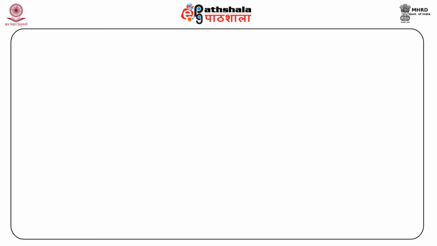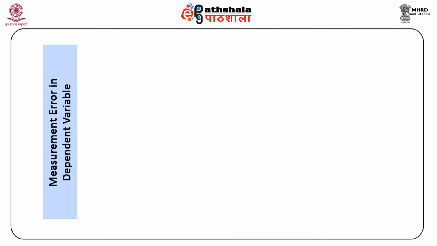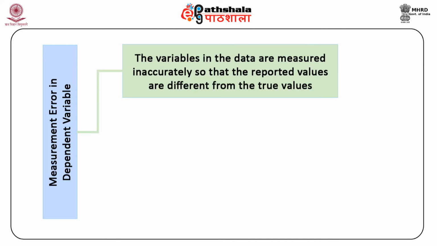Last cause which we will study is the measurement error in dependent variable. Sometimes the variables in the data are measured inaccurately so that the reported values are different from the true values.